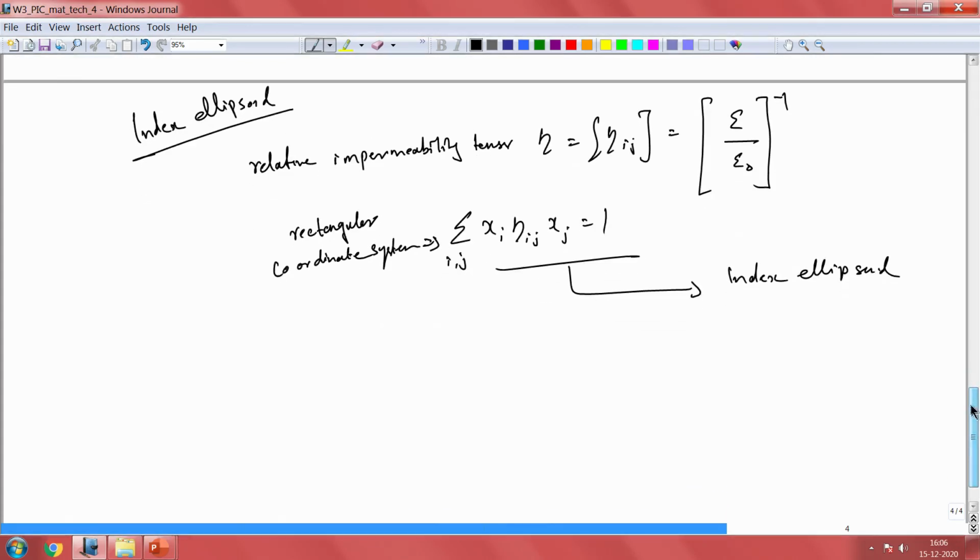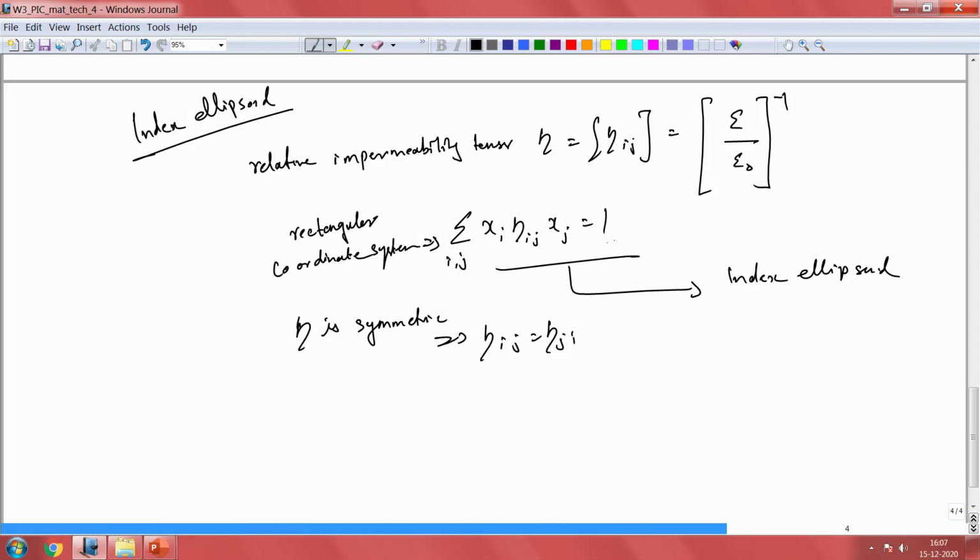And why do we call this an index ellipsoid? Let us just look at it a little bit carefully, right. So this is basically operating a column vector with your 3 by 3 matrix, let's say, okay. So if you do that, then what you end up with, right. If the material is dielectric and non-magnetic in nature, right, then eta will be symmetric. So this implies eta ij will be equal to eta ji, right.